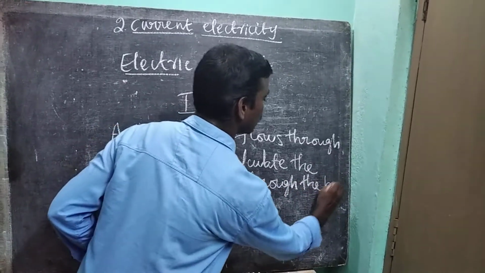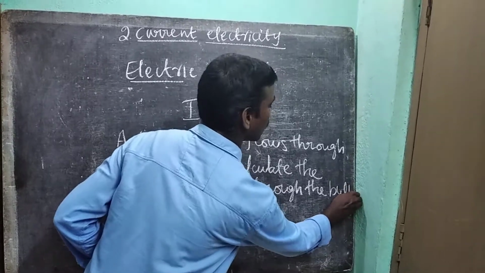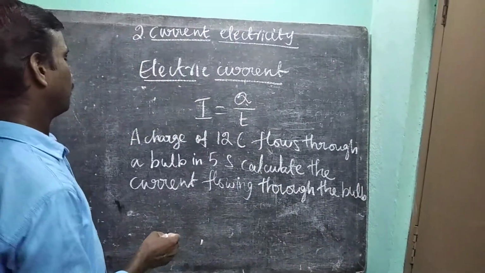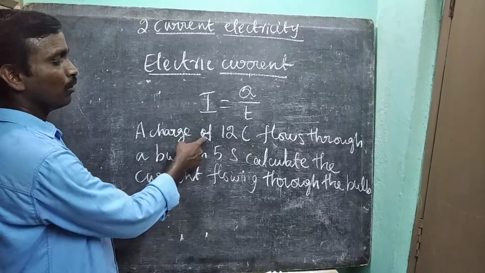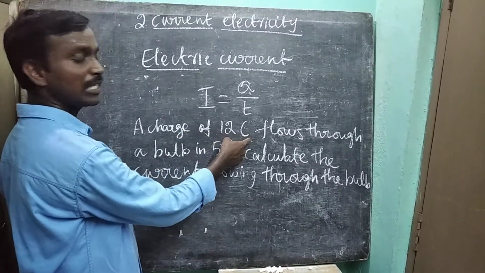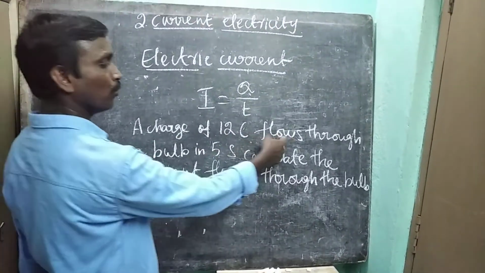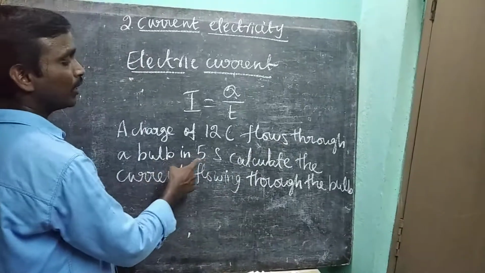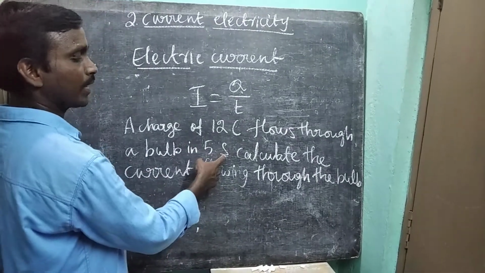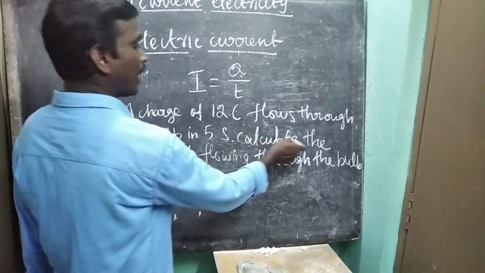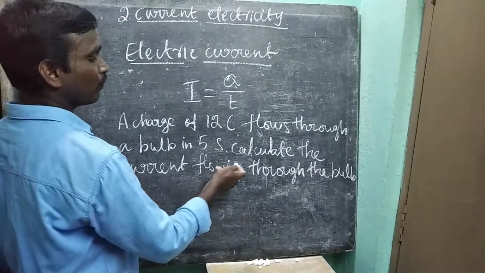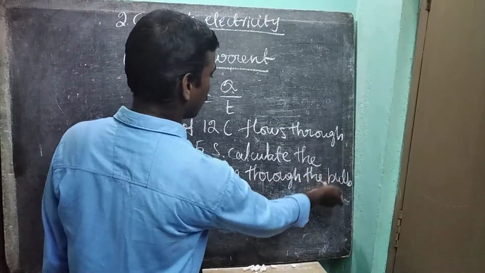Problem: a charge of 12 coulomb, C represents coulomb, flows through a bulb in 5 seconds, S means second. Calculate the current flowing through the bulb.